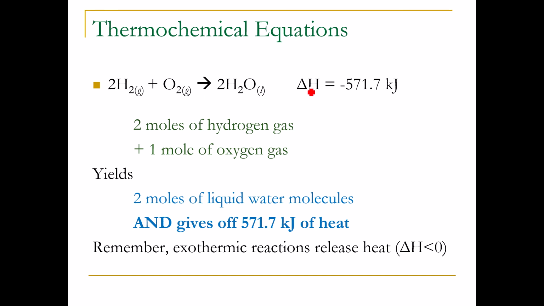We have a delta H value telling us that it is exothermic because of the negative, and kilojoules, which gives us our quantity. So this is an exothermic reaction that is going to release 571.7 kilojoules of energy or heat when the reaction as written occurs based on all these coefficients.